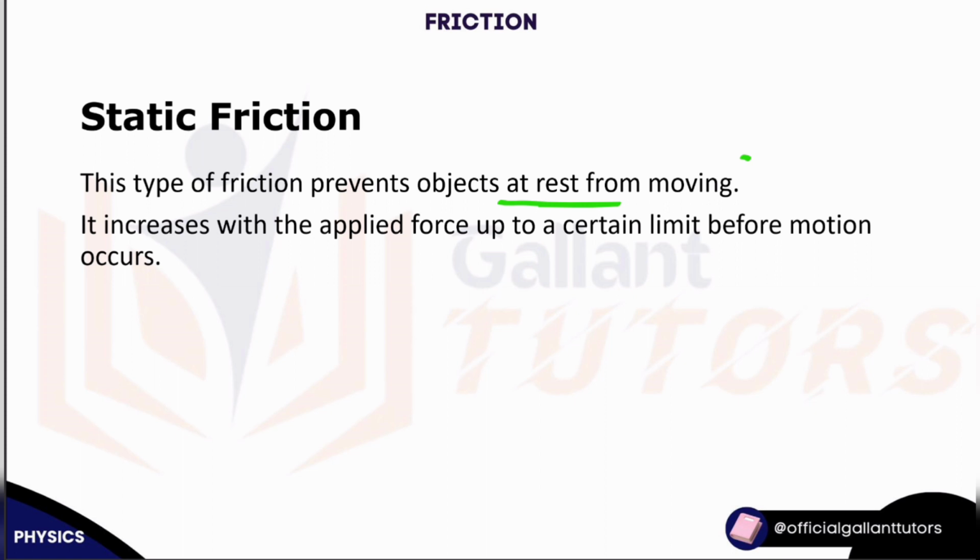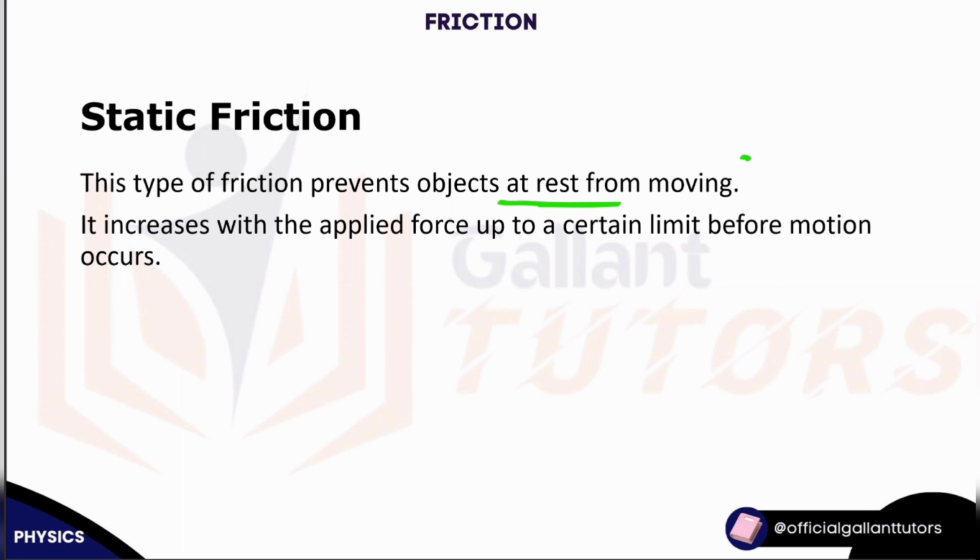For instance, when you place a candle or a lamp on your desk, what is acting between that lamp and the desk is static friction. Generally, it increases with the applied force, up to a certain limit before motion can occur.